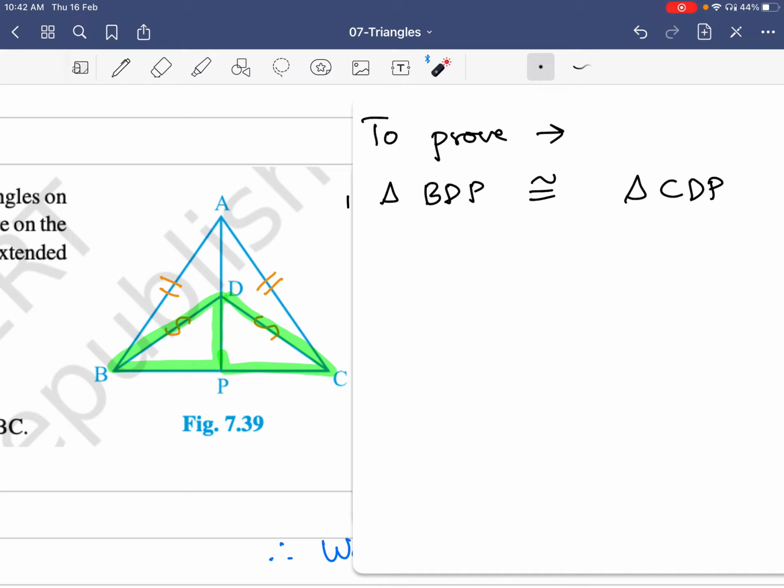If I prove these two triangles are congruent, then I can say this angle is equal to this angle, which means angle D is getting bisected by this line AP.